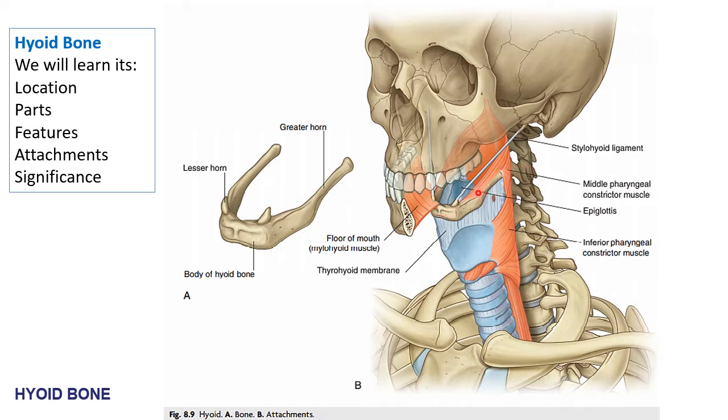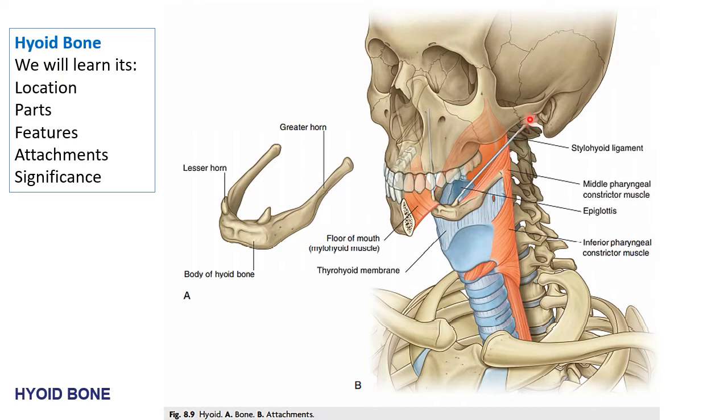This hyoid bone is unique because it is not attached to any other bone of the body. It does not articulate with any other bone, but it is suspended from the styloid process.